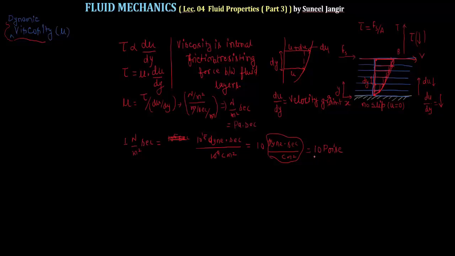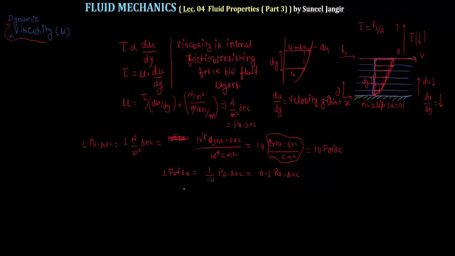Alright, so we can say that 1 Pascal second is equal to 10 poise. Similarly, 1 poise is equal to 1 by 10 Pascal second, that is 0.1 Pascal second.